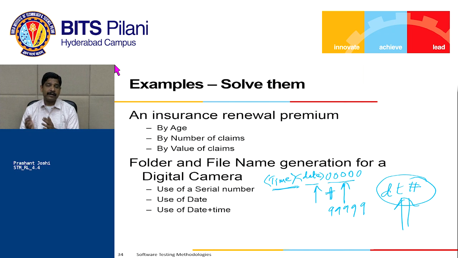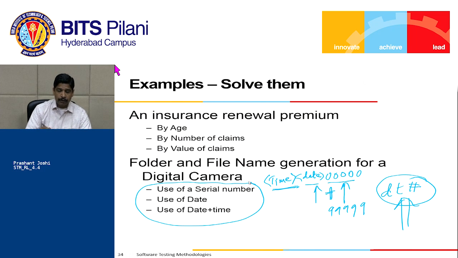If I only have the date and the number, I may have to look at the picture to figure it out. But if I have a timestamp, a time of the day, then I don't have to worry about it. So one is that this is feature rich. The other is that it also provides me with a requirement specification analysis which can lead to test specifications.